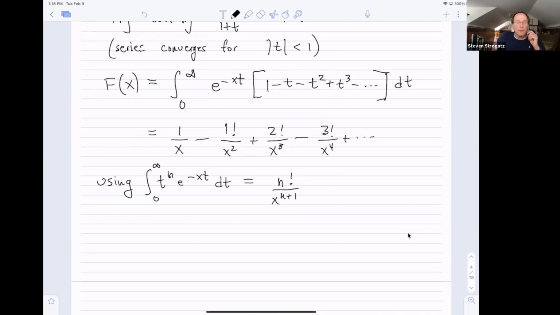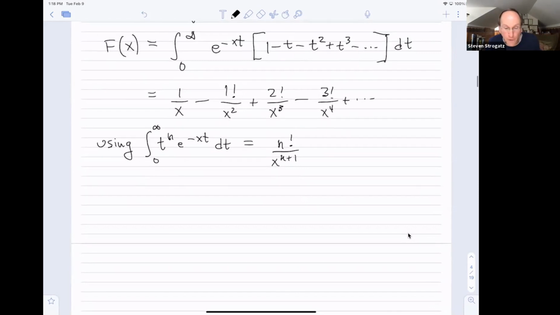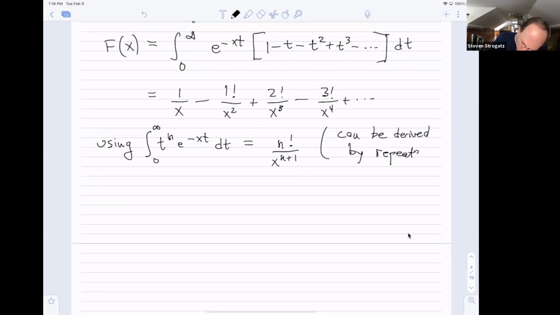If you've ever had practice with the gamma function, this might be familiar to you. Or if you haven't, you can simply derive this by repeated integration by parts, or by differentiating under the integral sign, if you know that trick. There are various ways to derive this; maybe I'll leave that to you to check.